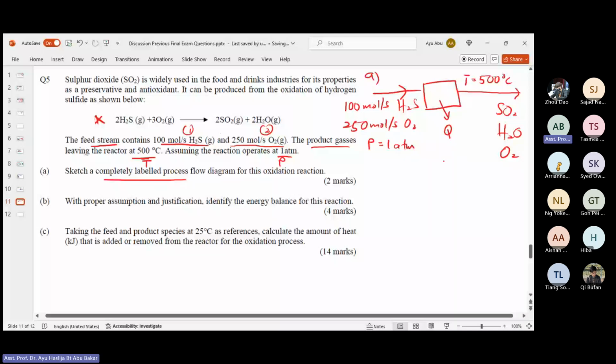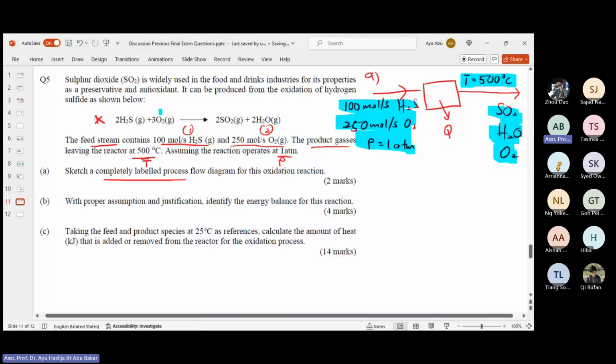You must show what is your inlet, the stream inlet, the stream outlet, temperature, pressure.